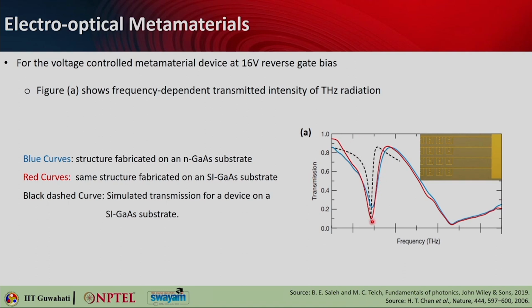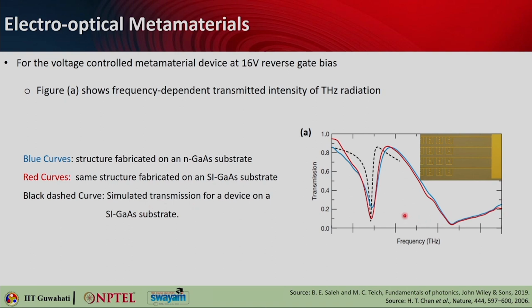Now, obviously in simulation all the elements are perfectly of the same size and the periodicity is uniform, so the resonance is much sharper and you get a higher Q in the simulated transmission spectrum.